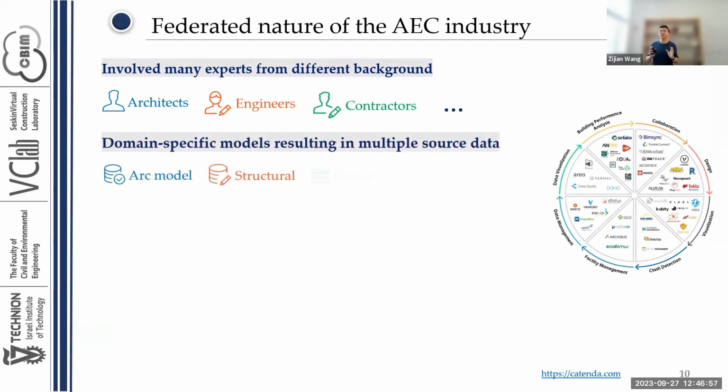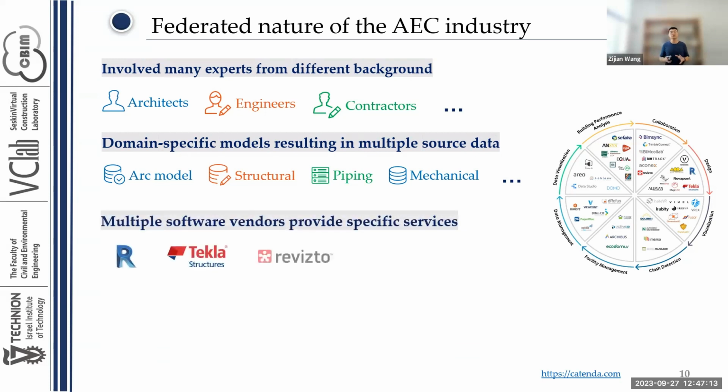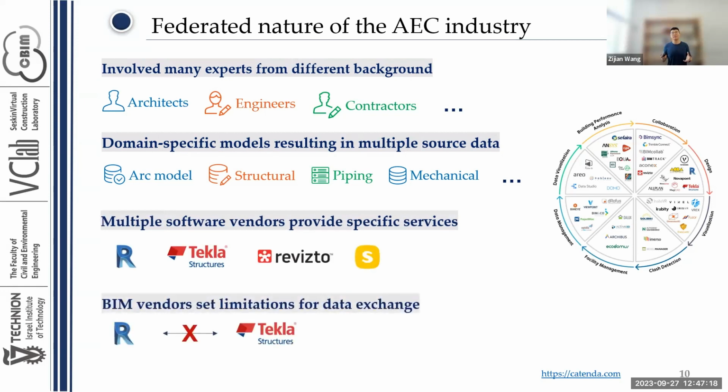And all of them prefer to use their own single domain-specific model instead of using a holistic one, which will result in multiple sources of data, even for one project.